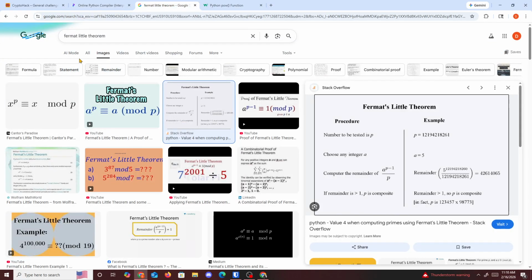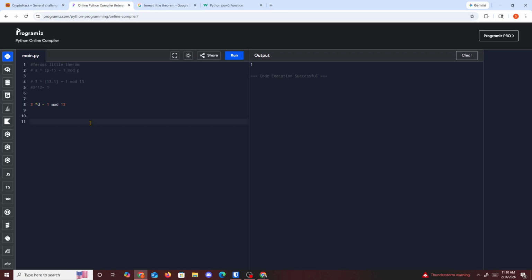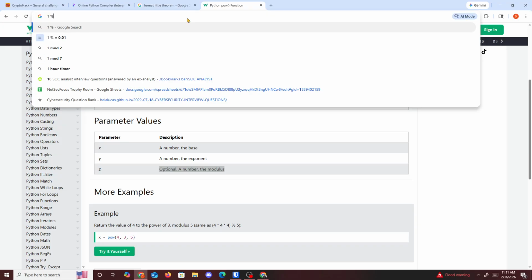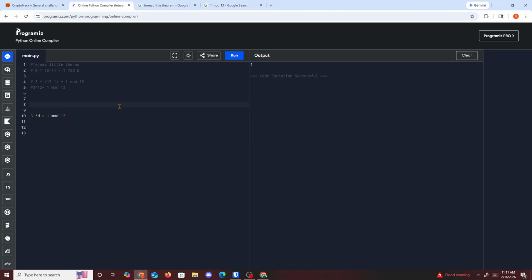Because 1 mod 13 is basically 1, so it's going to be 3 to the power of 12 is equal to 1.